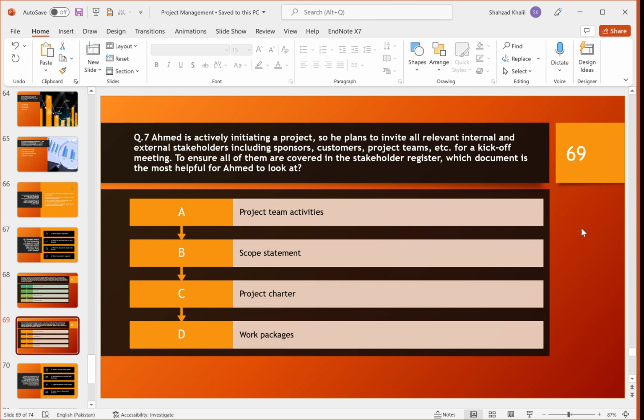Project team activities, scope statement, project charter, or work packages? Anyone? C. Yes, the correct answer is project charter. I have also shown you this document with all the information written in it. So C is the correct answer.